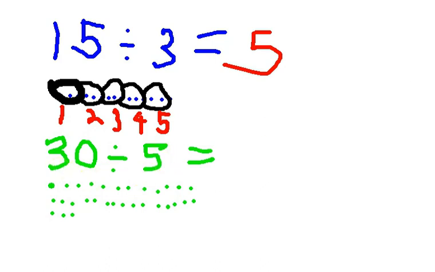So what we do next is to take away 5 consecutively from 30.